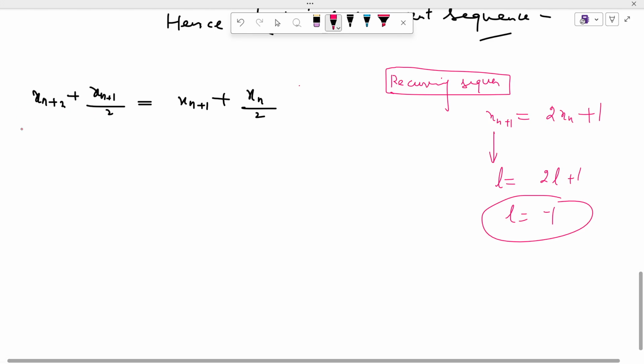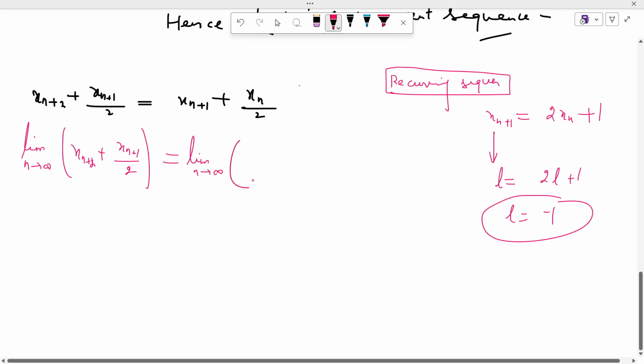If you take the limit here directly, limit as n goes to infinity of (x(n+2) plus x(n+1)) by 2 is equal to limit as n goes to infinity of (x(n+1) plus x(n)) by 2.